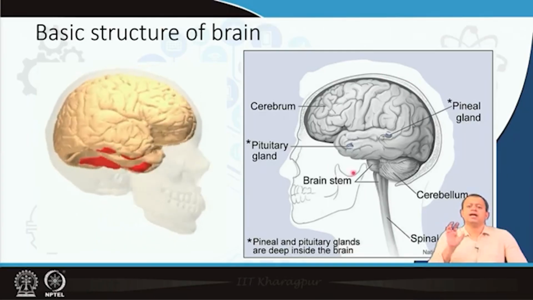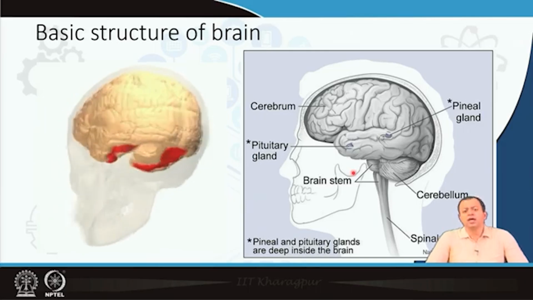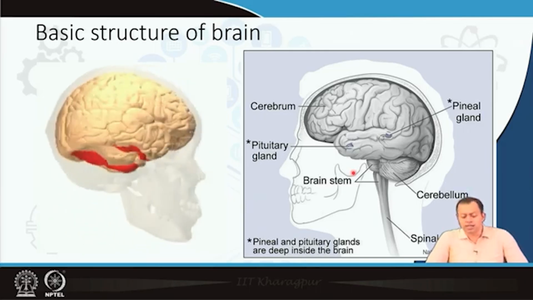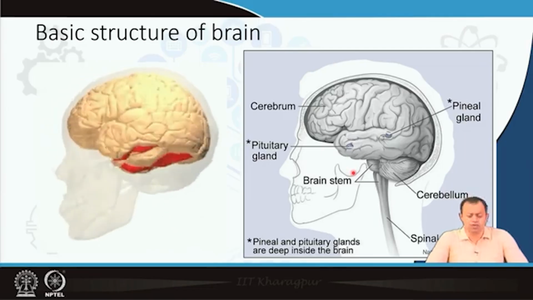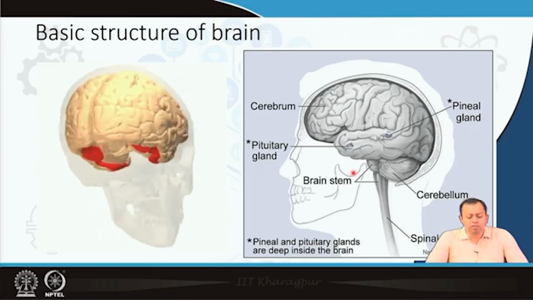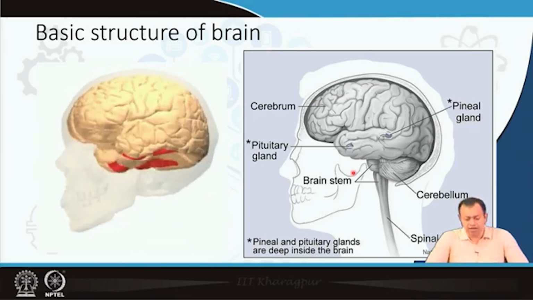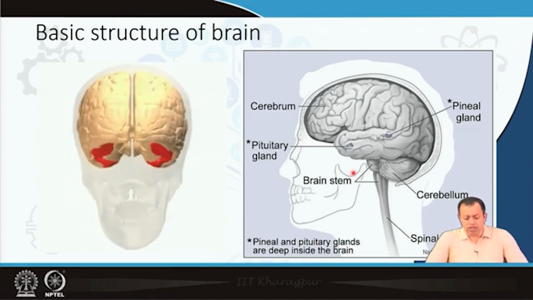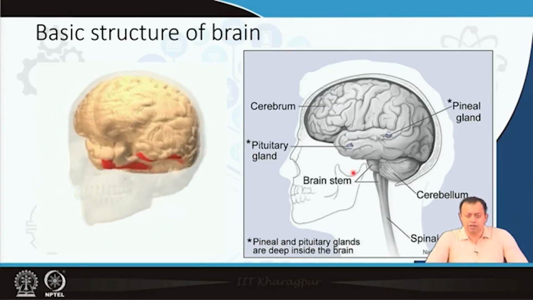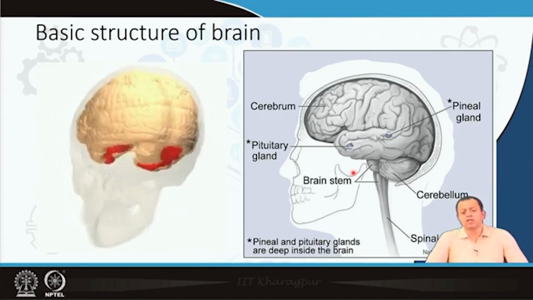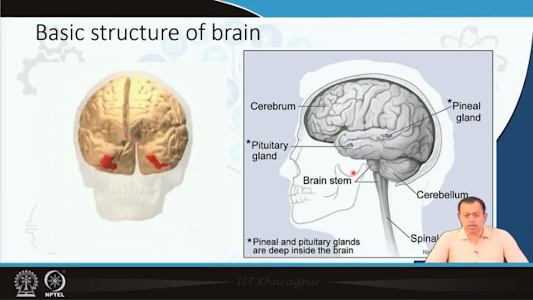So, this is the easiest, the simplest, or the crudest way in which I could describe the organ brain to you. Needless to say, this is the most complicated object, the most complicated thing in the entire universe that human beings have encountered. So, under no circumstances can I reveal all the mysteries of the brain or make you a brain expert, an expert in neurology or neurobiology or neuroscience in just one slide.